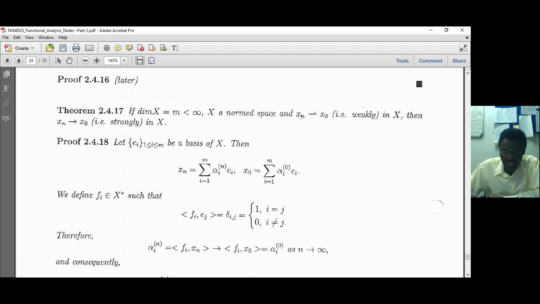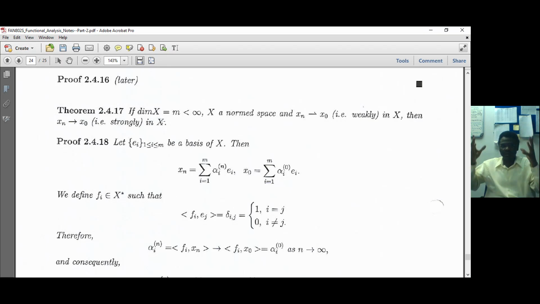So, we are told that xn converges weakly to x0 in X, that's for the weak topology. Then, it will converge for the strong topology. In other words, in a finite dimensional space, strong and weak convergence are similar. That is just to wrap up.